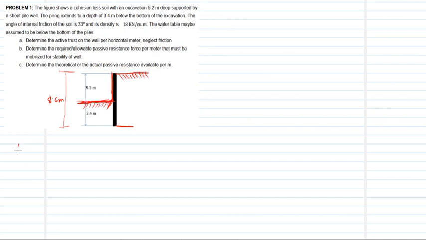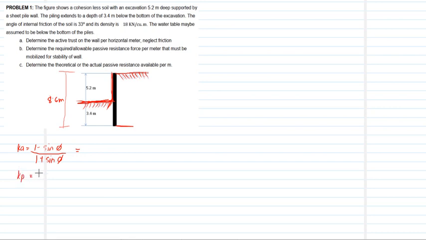Okay? So for the value of our Ka, if you still remember our equation, that is equal to 1 minus sine of the angle of internal friction over 1 plus sine of the angle. Yan yung magiging value ng Ka natin.